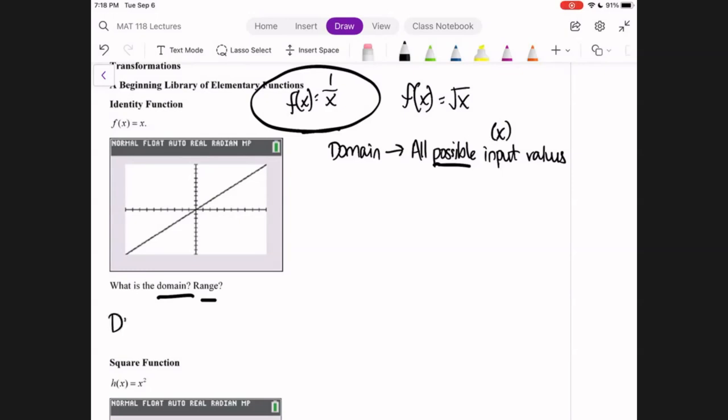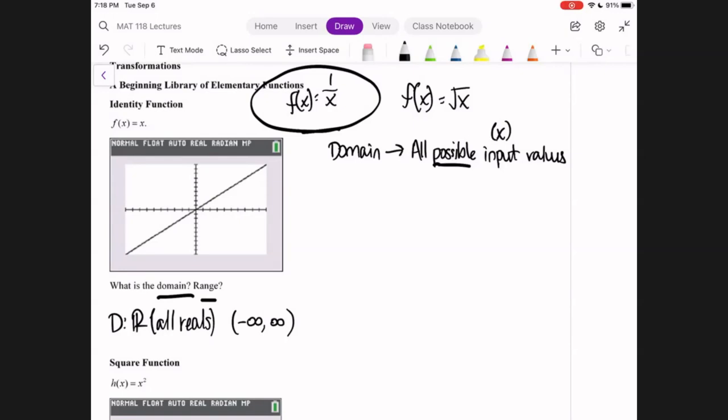So for the identity function, all reals. So it's usually an R with the 2 vertical lines. That means all reals. That means any possible number I can plug in. And in interval notation, it is listed as this. Okay. And for any identity function you have, if I plug in anything, it's going to be the same thing I plug in.